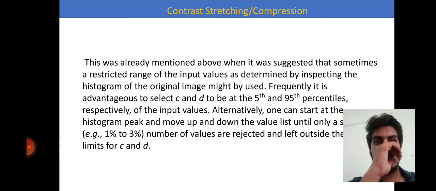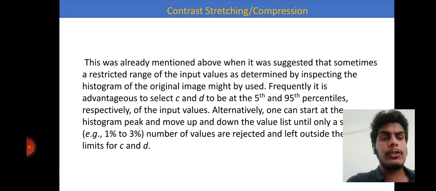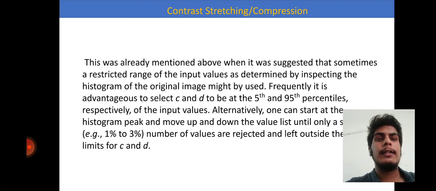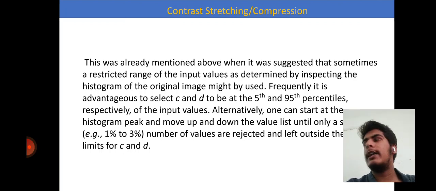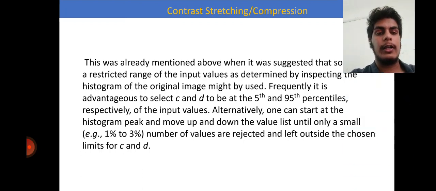This was already mentioned above, when it was suggested that sometimes a restricted range of input values, found by inspecting the histogram of the original image, might be used. Frequently, it is advantageous to select C and D to be at the 5th and 95th percentiles respectively of the input values.